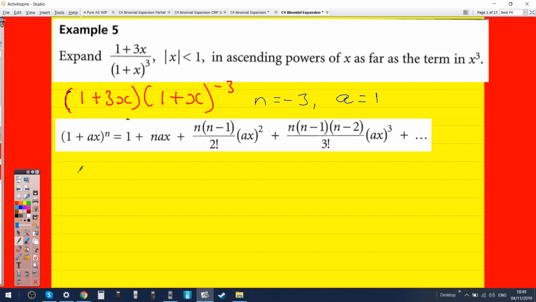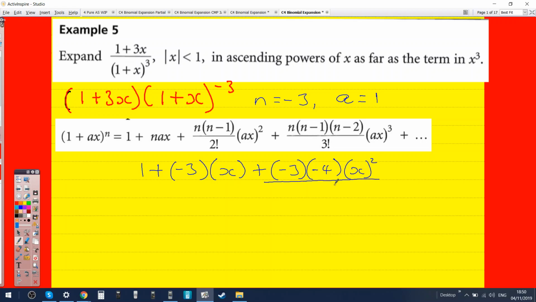Okay, so 1 plus -3 plus (-3)(-3 minus 1) over 2 times 1 plus (-3)(-3 minus 1)(-3 minus 2) over 3 times 2 times 1, and that's x squared. I forgot about that.